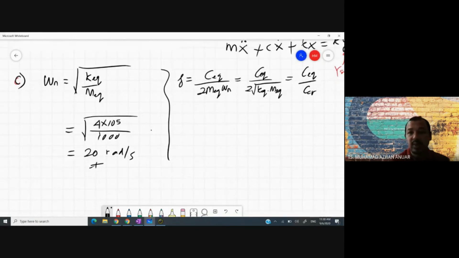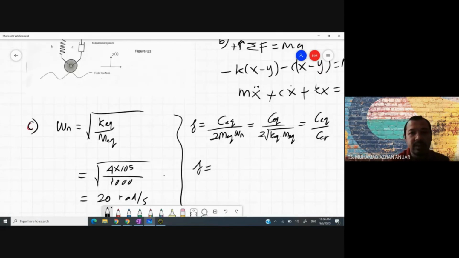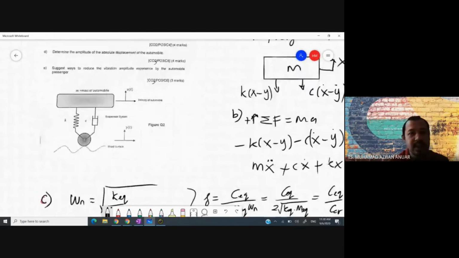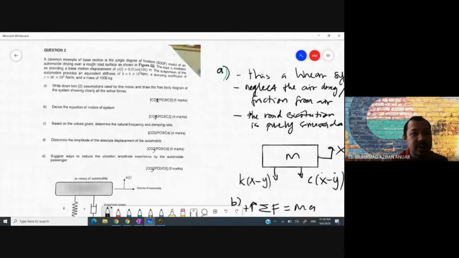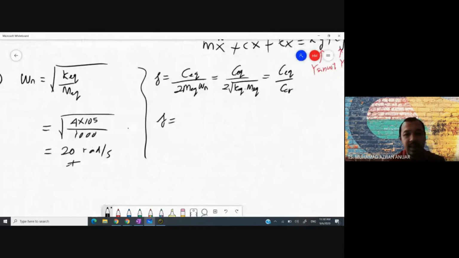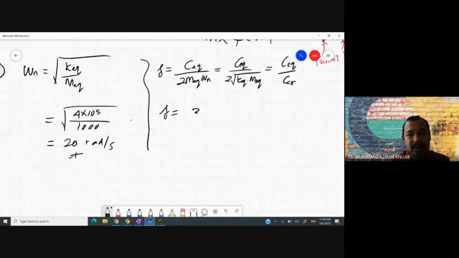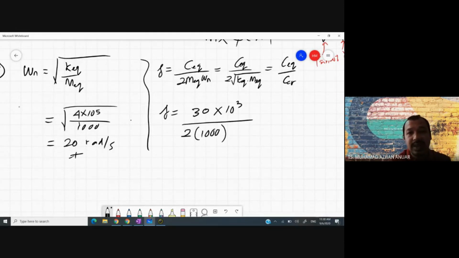In this case, we have the omega n we calculated before, so zeta is equal to C equivalent, given as 30 times 10 to the power of 3, divided by 2 multiplied by M equivalent, which is 1000, and omega n is 20.